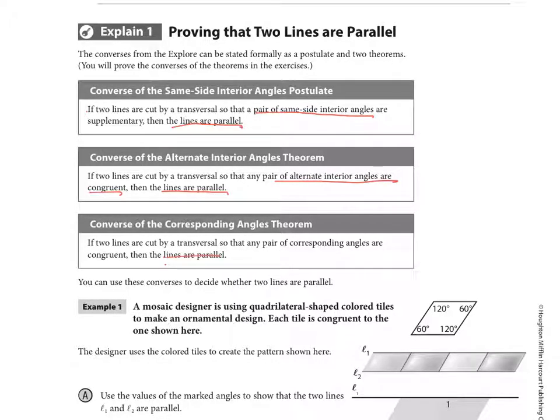If we have parallel lines, corresponding angles are congruent. Well, the converse says the opposite. If two lines are cut by a transversal and the same side interior angles are supplementary, then the lines are parallel. So you can go backwards with these.